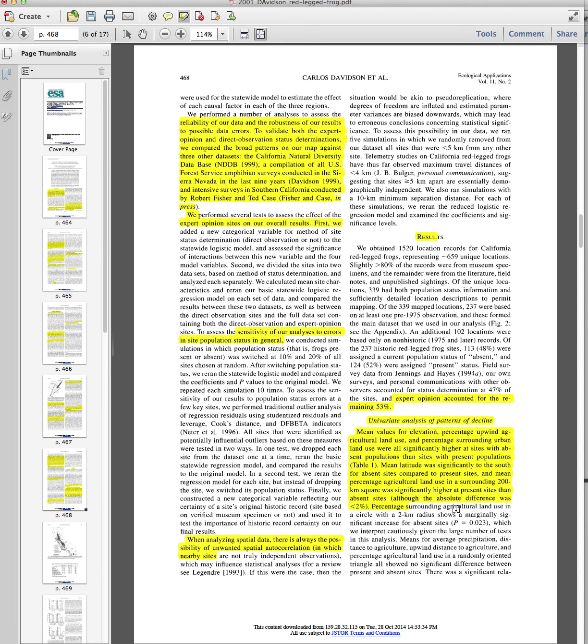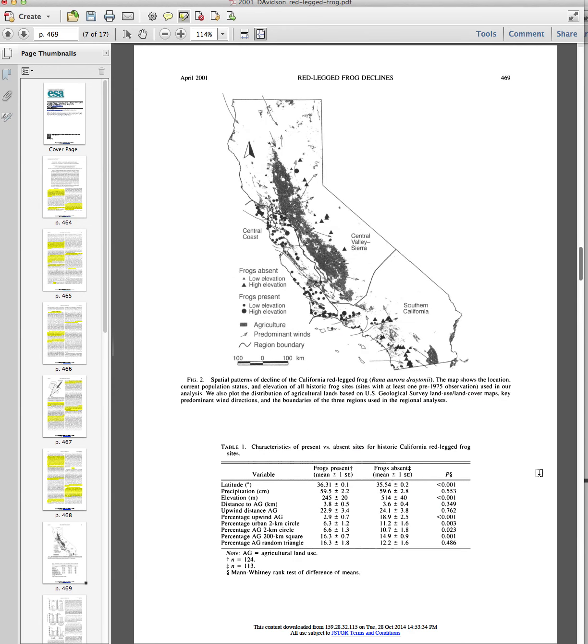And then, as usual, I got a little bored with that and I started to look at the figures, because the figures are really what's going to tell you what's happening. So I wanted to get familiar with their field sites. They have these different regions: SoCal, Central Valley, Sierra, then they have Central Coast. So 3 main regions. And then they show you with symbols what they found.